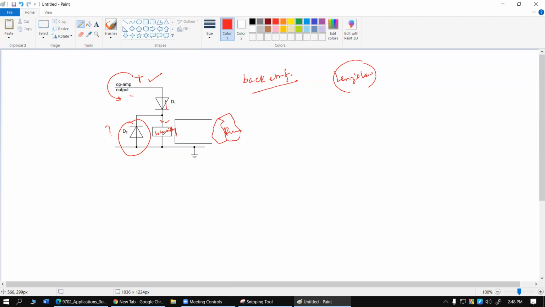But by Lenz's law, the solenoid will want to maintain its magnetization. So whenever the current flow from the op-amp output starts to get lowered, starts to become smaller, the solenoid itself will produce an EMF across itself so that the current flow shouldn't be stopped, which means it will try to draw in current so that it can maintain its magnetism.